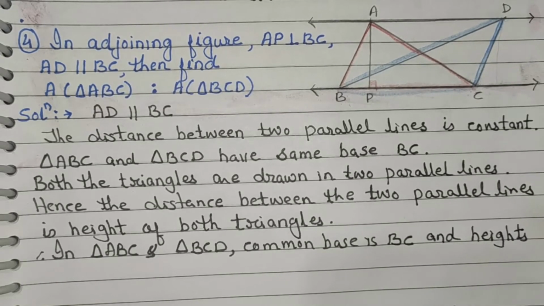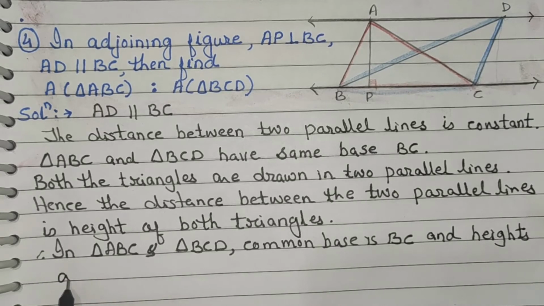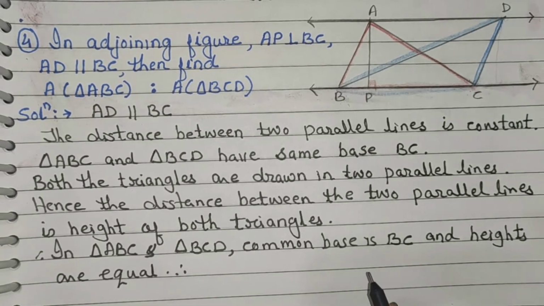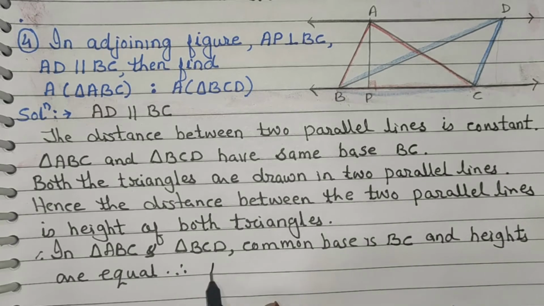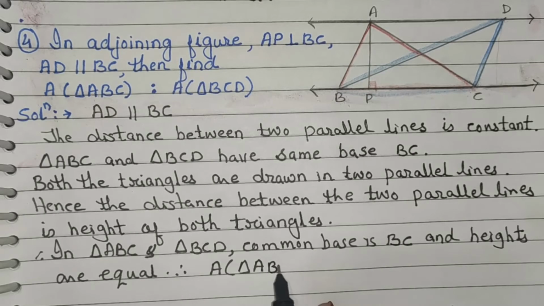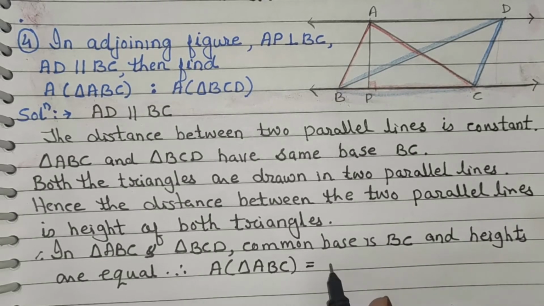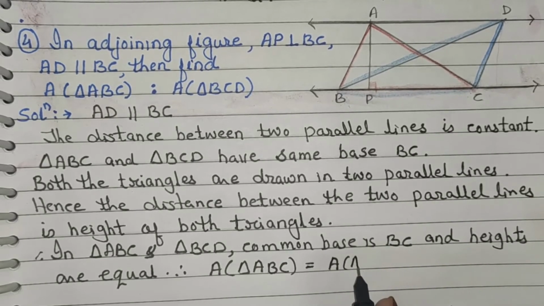Therefore, the areas of two triangles with equal bases and heights are equal. Therefore, write down here: area of triangle ABC is equal to area of triangle BCD.